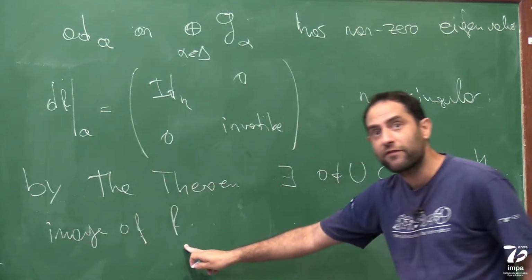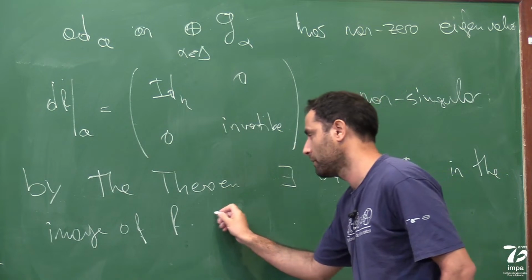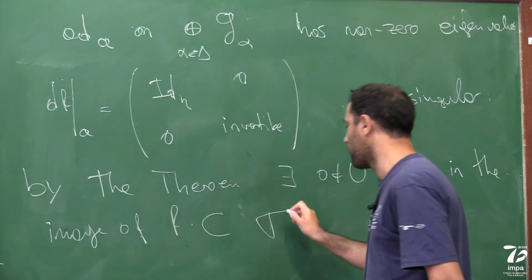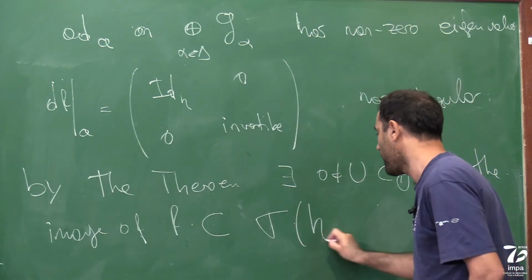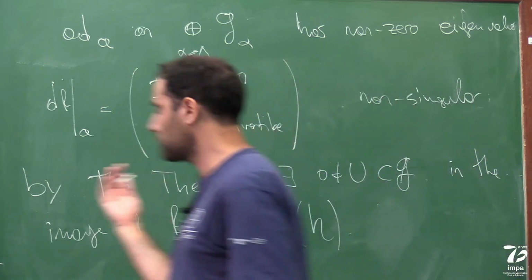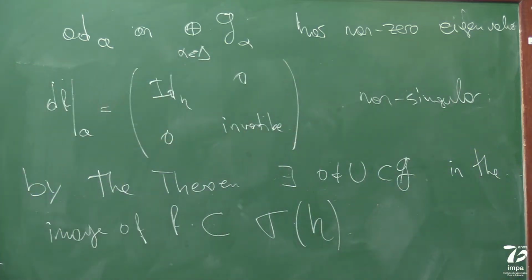Now the image of F consisted of elements of the form sigma applied to H. F was just exponentials of adjoint actions of elements in G alpha, so these are all elements in the inner automorphism group of G, and they were all applied to the Cartan part of the elements.